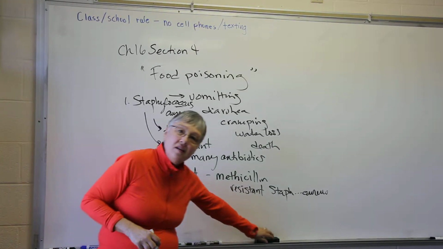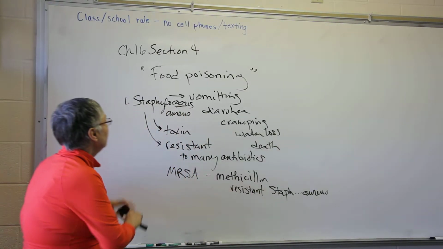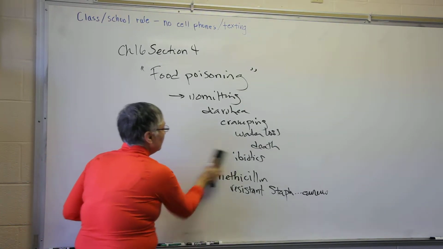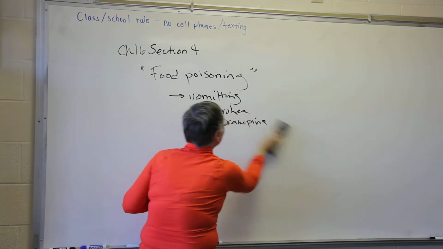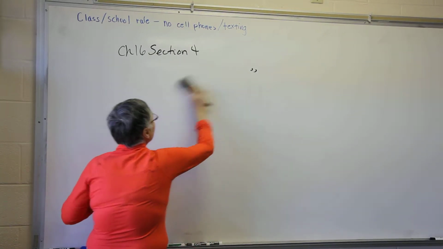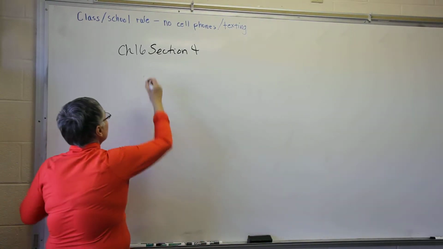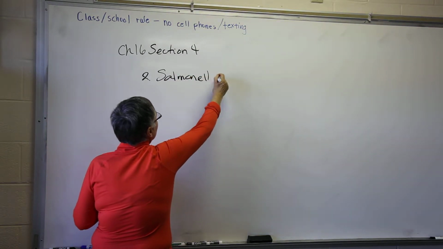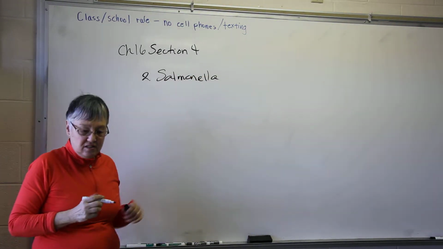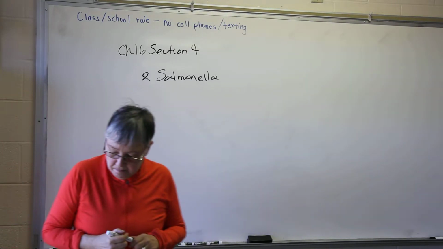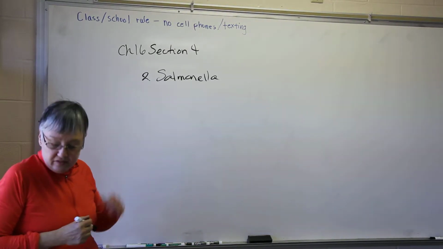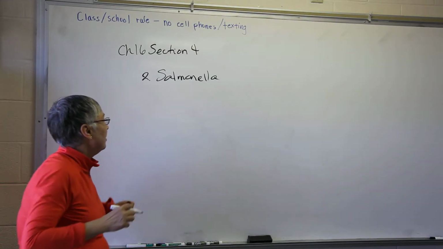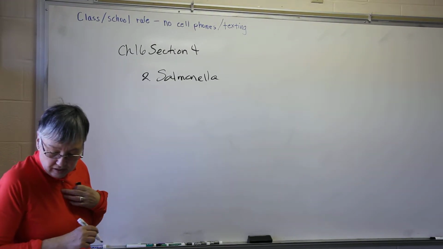A second bacterial species is probably one that you have heard of. So this is number 2. And I'm just going to give the genus. This is Salmonella. There's certain species of Salmonella that cause food poisoning.